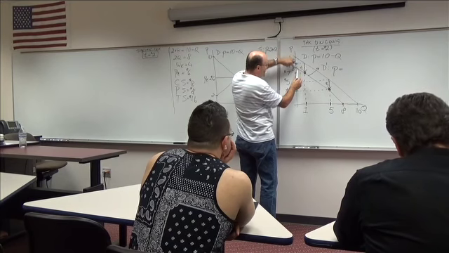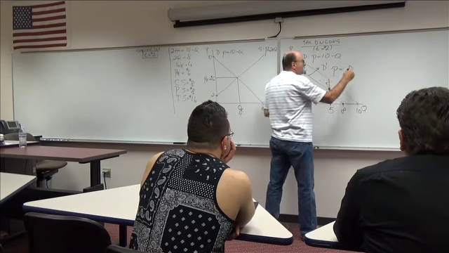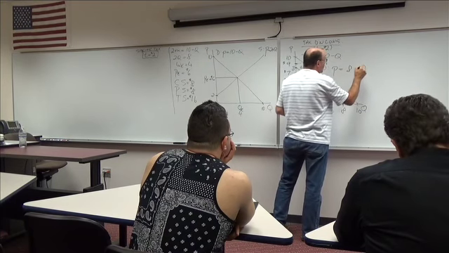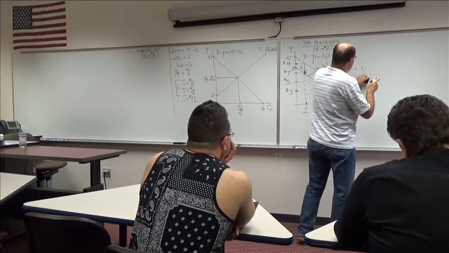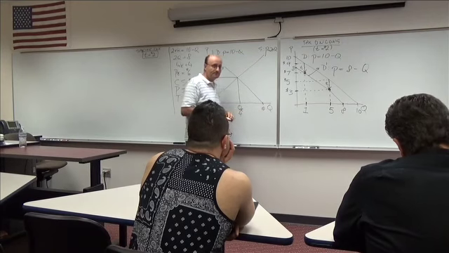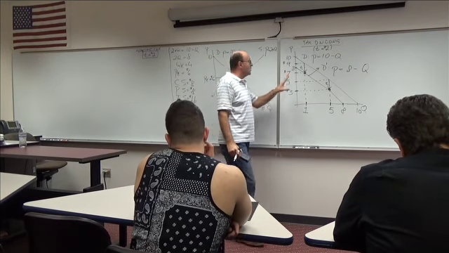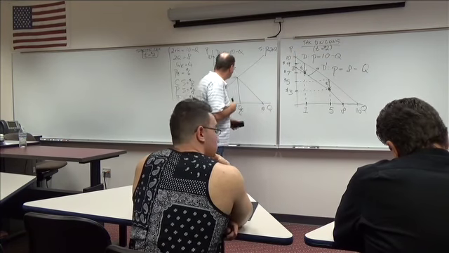Now it shifted down from 10 to 8, and it has the same slope, right? So it's 8 minus Q. That makes sense? So that's the impact of the tax imposed on consumers.